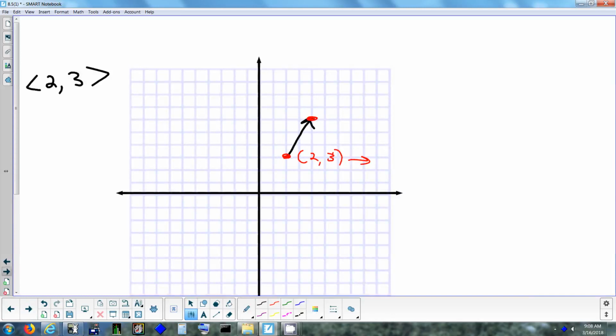That's the initial. And 4, 7. That's the terminal. Now, does anybody see what you could do with those coordinates to turn it into that vector?